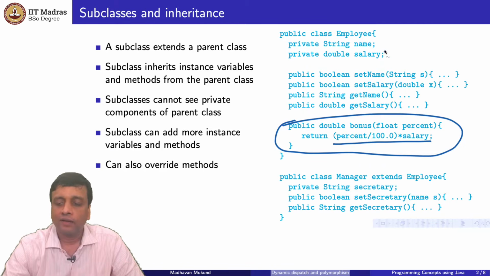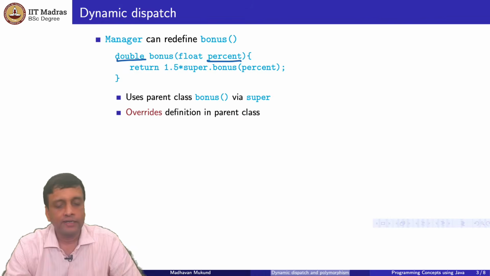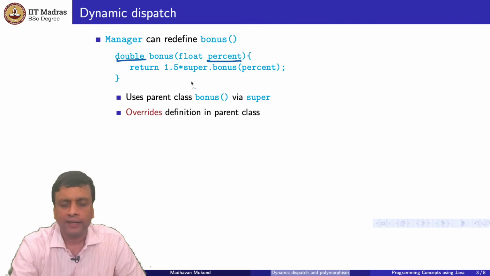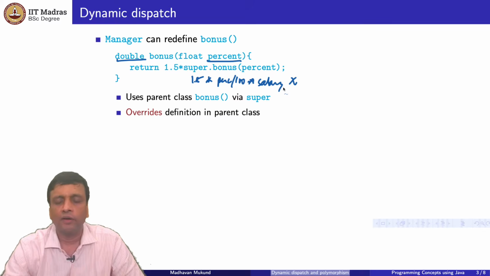But notice that salary is a private variable of employee, and since it is private, it is not visible to manager. So I cannot write here something like 1.5 times percentage by 100 times salary, because salary is not available to me. So this is not allowed.